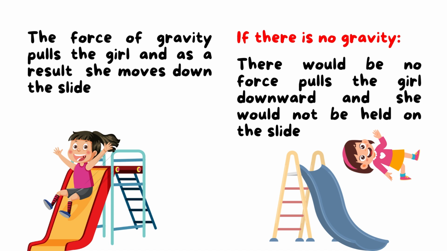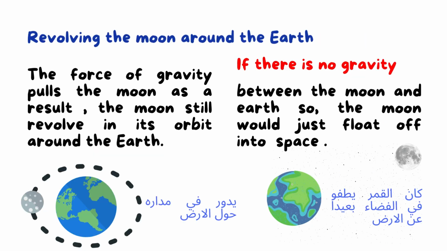Here is another example, the effect of gravity in revolving the moon around the Earth. What is the meaning of revolving? The moon goes around the Earth in a fixed orbit.